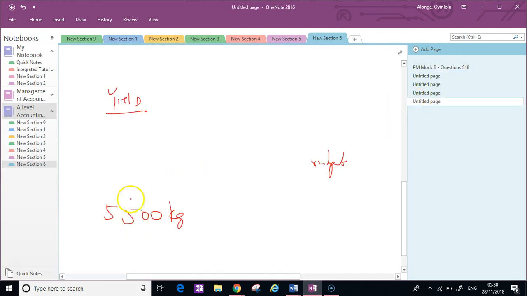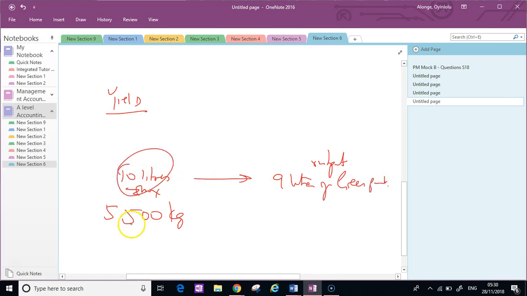So if we expect 10 liters to give 9 liters of green paint, what would we expect from 5,500? We are literally asking, what is 5,500 divided by 10 times 9 liters, ultimately?